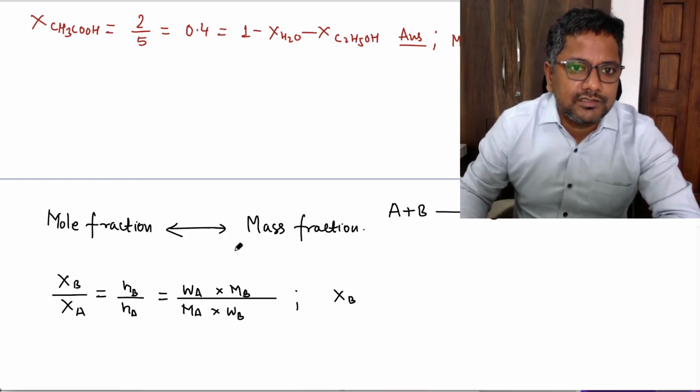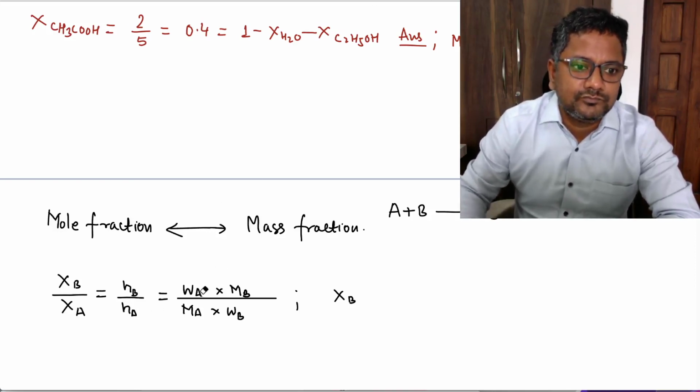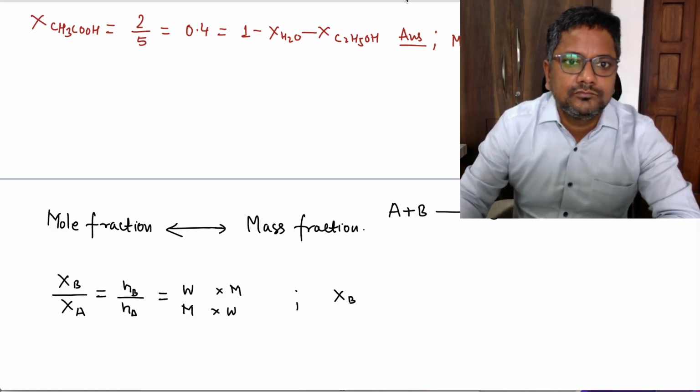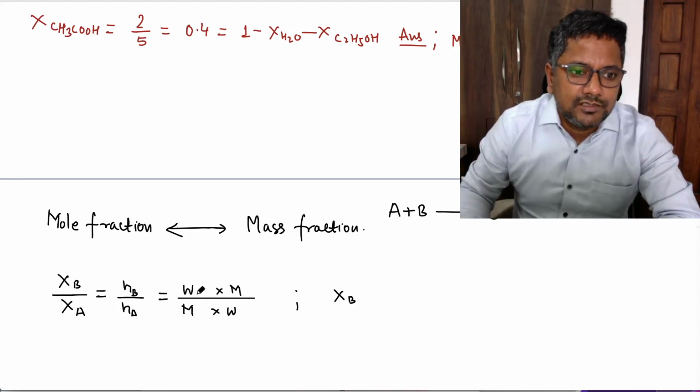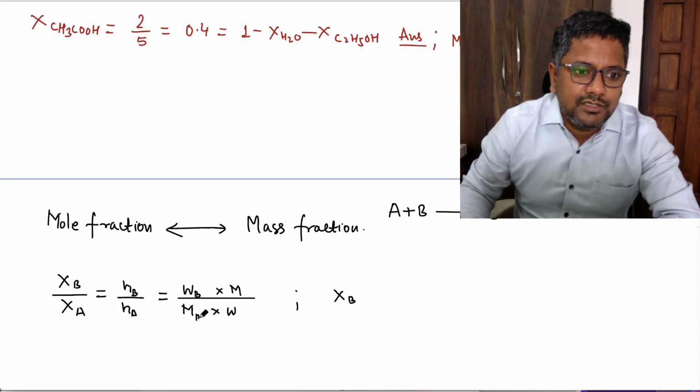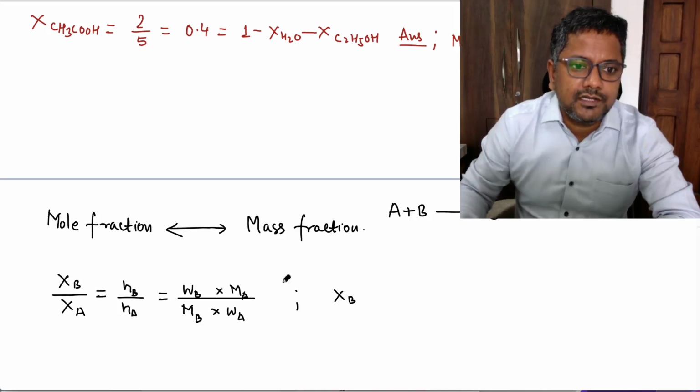So here this is B, this is B, this is B, this is A, this is A, right?